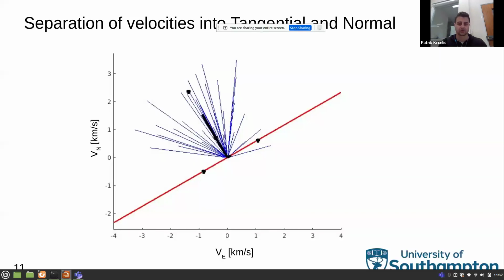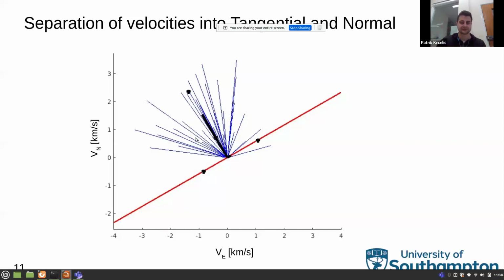Now, we use the orientation of the arc to separate our velocities into normal and tangential direction. And the reason we do that is because in some cases, but not in all events, we have very poor signal-to-noise ratio on ASK2 channel, and it causes some synthetics in tangential direction. And we have decided to ignore them for now and just focus on the normal direction of the ion drifts.